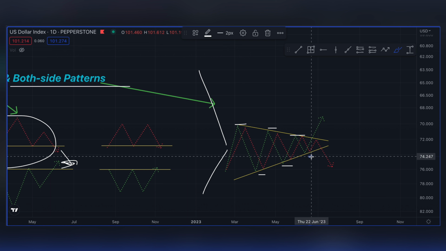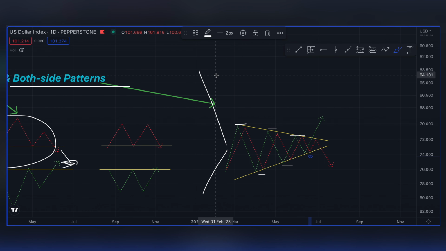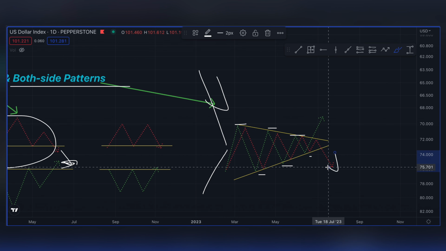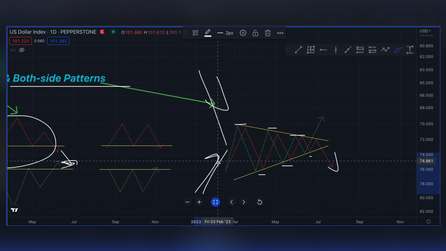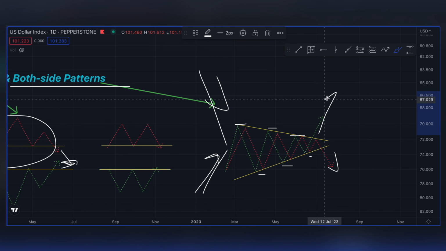No one knows, because you don't have any features, but there is some sort of probability that when, for example, before this triangle was formed, you were in a downtrend, it's more probable that you'll go downwards after that. And the same is upwards. When you have an uptrend before this triangle formed and after the triangle breakout, you most probably are going to go higher.